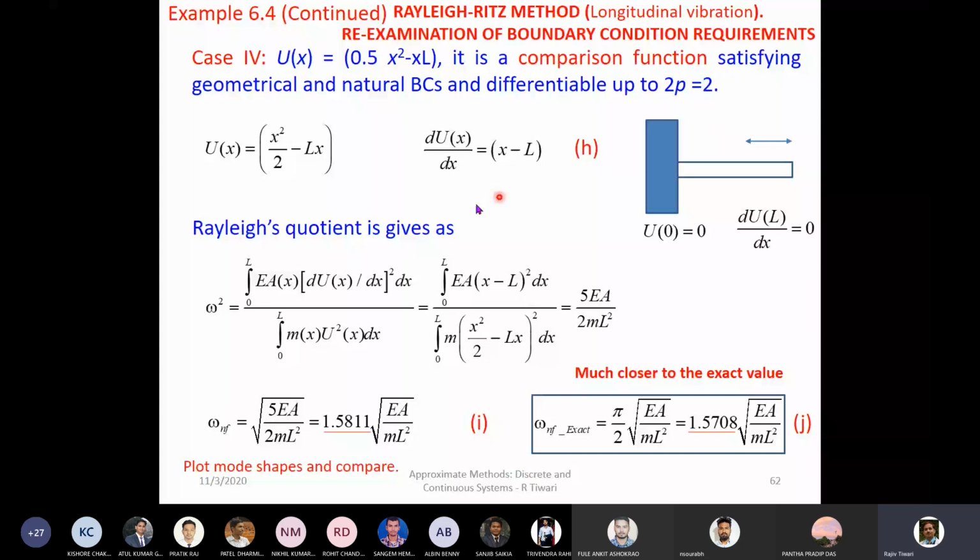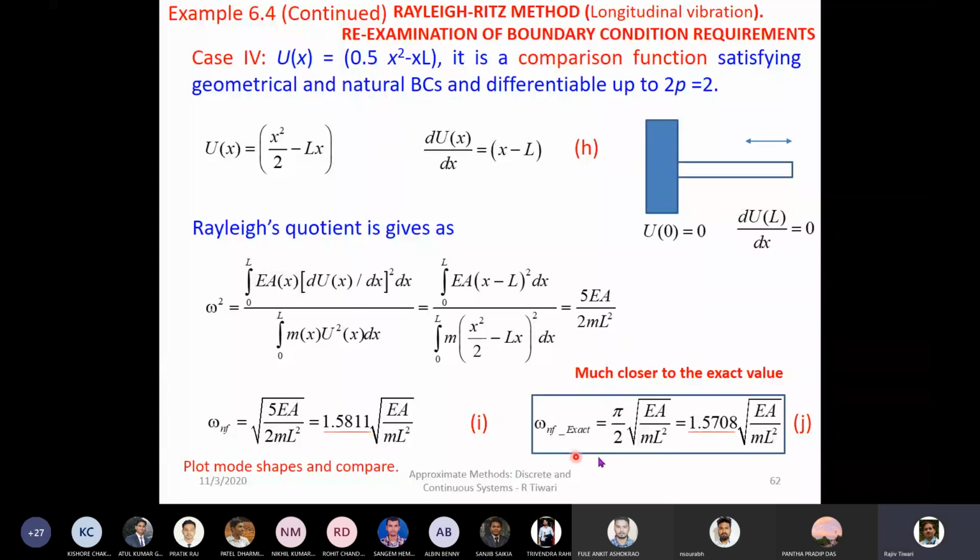So if you substitute this in the place of u and differentiate, and then in the denominator also take the square, you need to square it and integrate, simplify it, and you'll get 5 by 2 over m L square. If you take the square root of that, you'll get 1.5811.